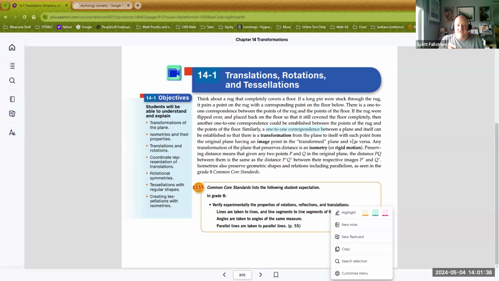Okay. Now, key piece here for most of the transformations we're going to cover is that they preserve distance. And they use the word isometry. Now, if you're in athletics or anything like that, you might have heard of isometrics, and it's very similar. An isometric exercise is one where, instead of moving your arm up and down, doing a bicep curl, notice that things are not staying the same.